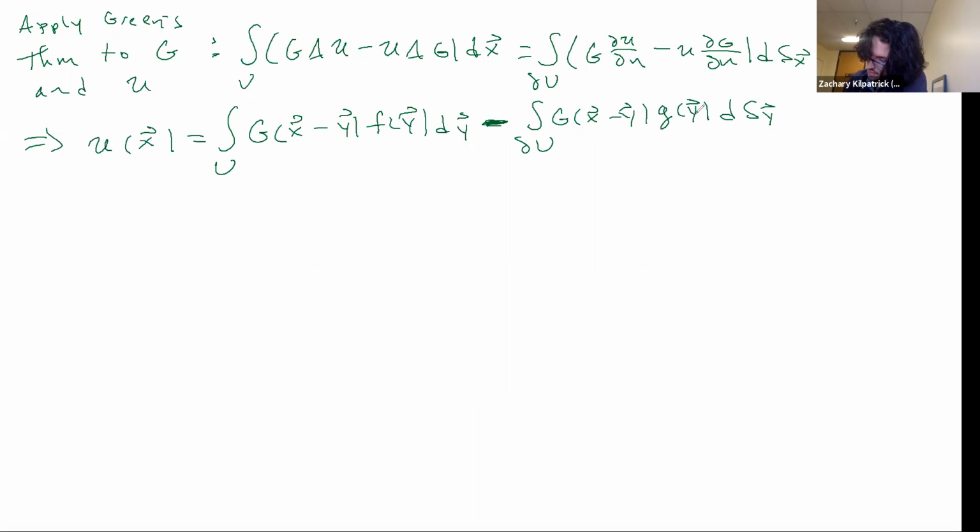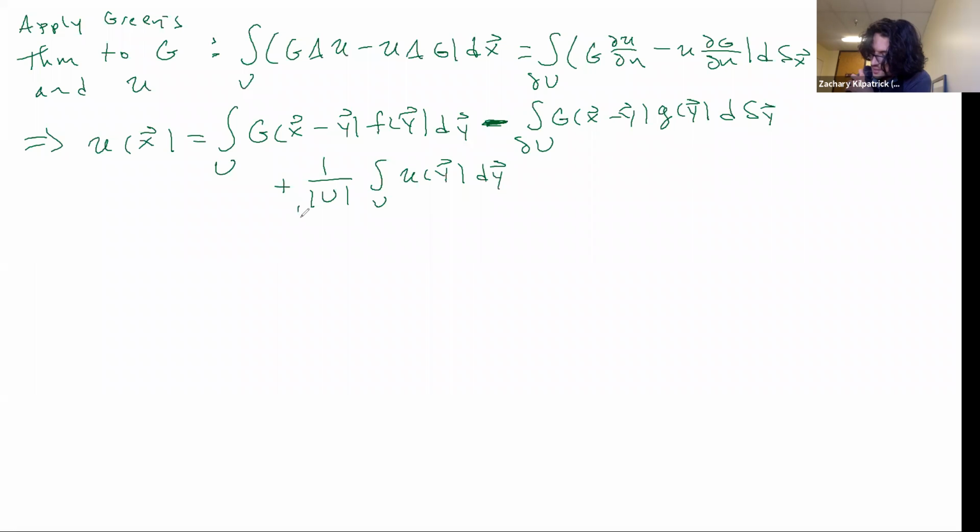And then the last thing I'm going to get is also a contribution from the Laplacian of G, which was that additive constant now. So I'm going to divide by the volume of U, and multiply that by just my integral over U in this case.